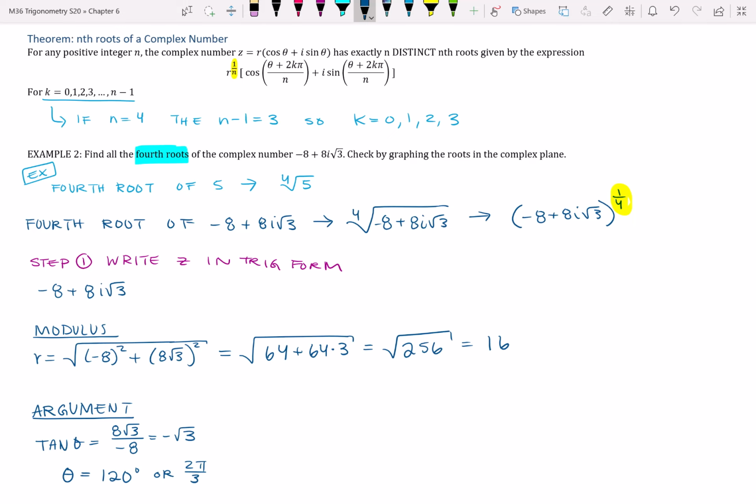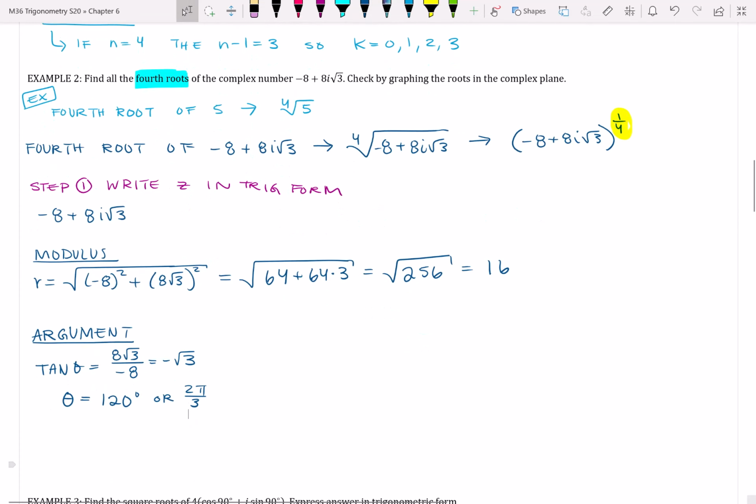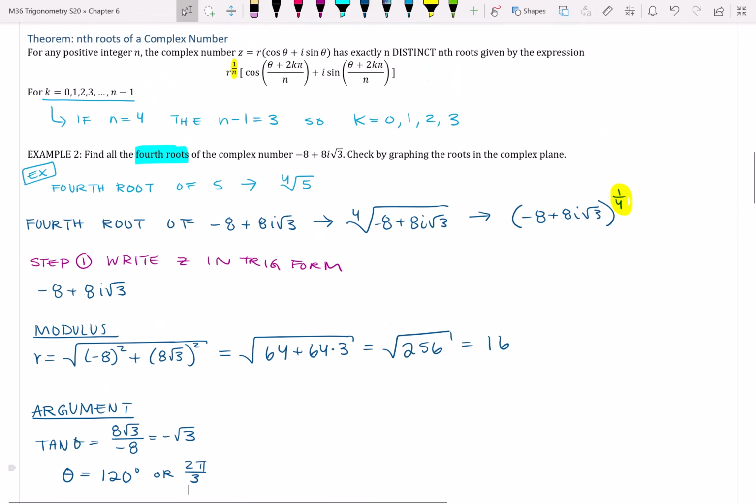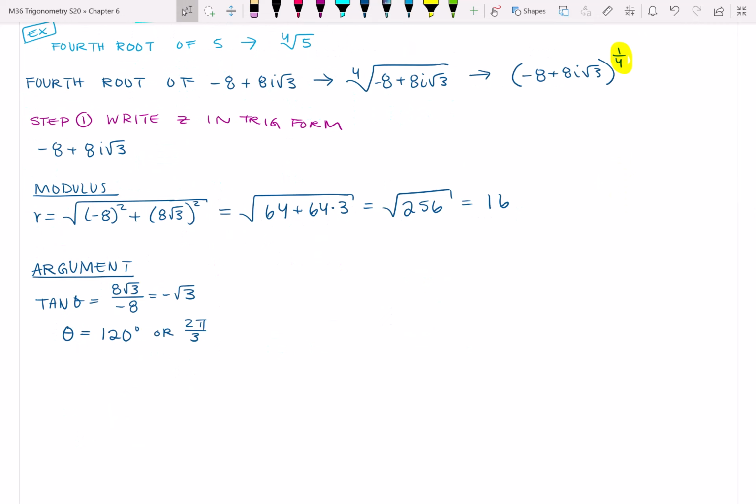Let me make a little bit more space because I'm writing a lot bigger than I thought. So here's step 2, which is to actually plug in the values into my formula.